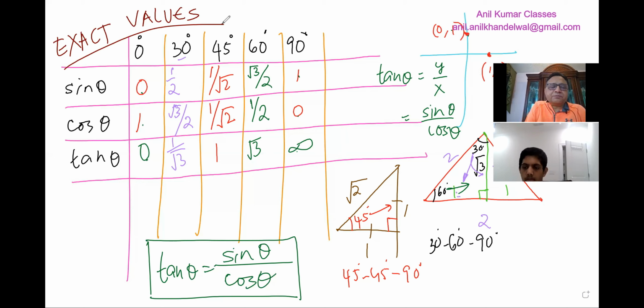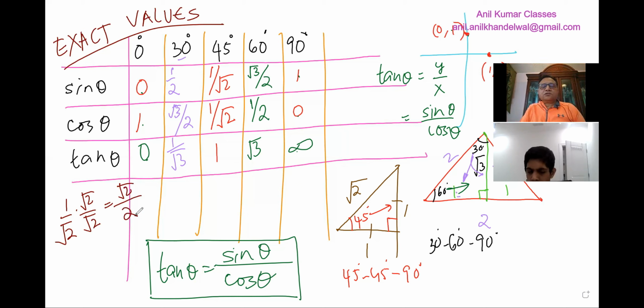Now, many times, 1 over square root 2 will be rationalized by multiplying by square root 2 and dividing by square root 2. And you get square root 2 over 2, correct? So many times we will rationalize it. Similarly, 1 over square root 3 can be written as what? Square root 3 over 3.